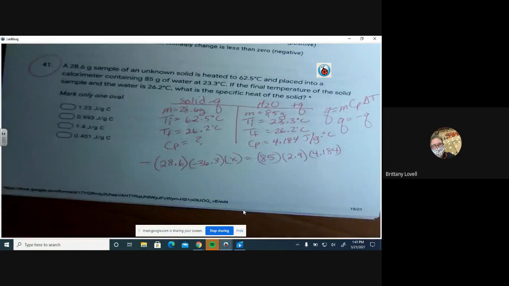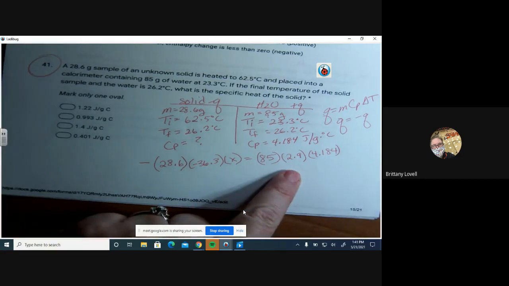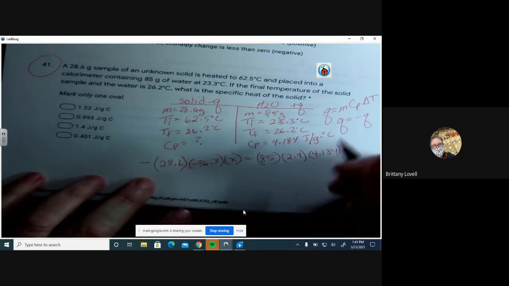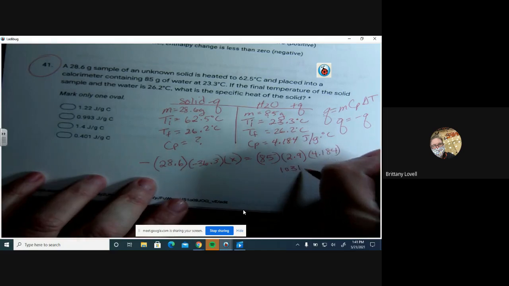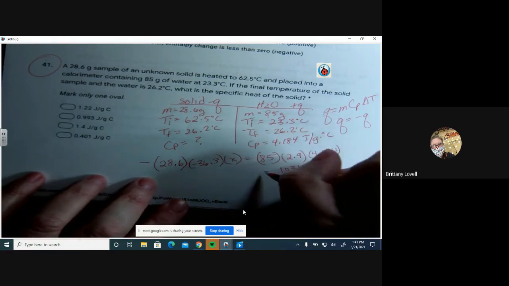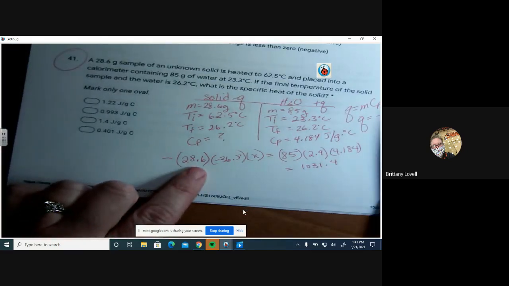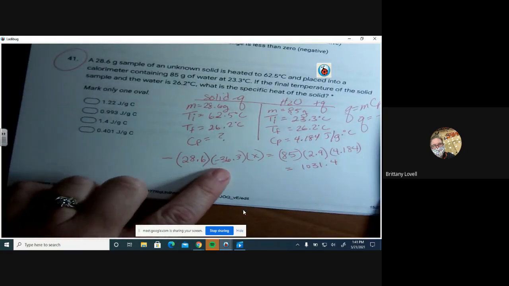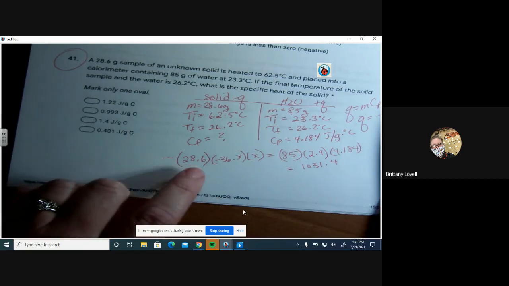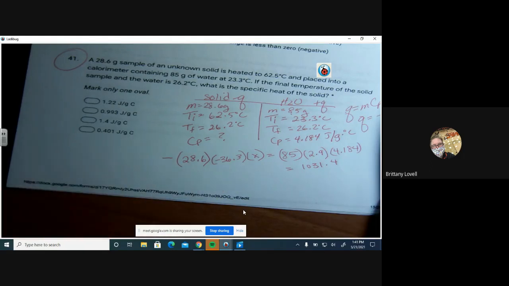All right, now at this point, it just becomes an algebra problem. We're just going to multiply a whole bunch of junk together and divide. So I'm going to start with this side. I'm going to do 85 times 2.9 times 4.184, and I end up with 1,031.4, which is equal to, and over here, I'm going to do 28.6 times negative 36.3 times a negative 1, which basically is just going to make it positive.